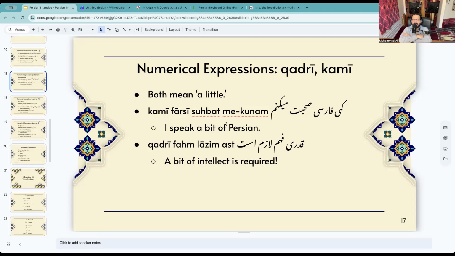A little. Qadri fahm lazim ast. A bit of intellect is required. So Persians are, obviously we have all the ugly curse words, but we can also curse at you in a very flowery way. A bit of understanding is required here. A bit of intellect is required here. Qadri fahm lazim ast. Kami farsi sohbat mikonam. They both mean the same thing with no context difference at all.